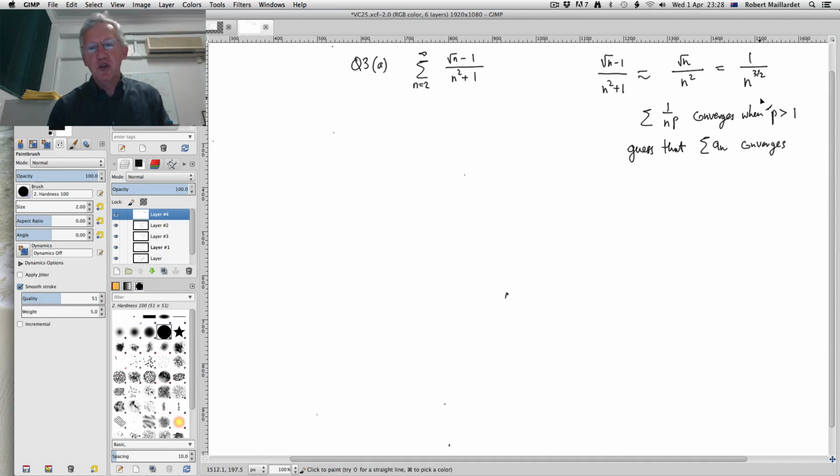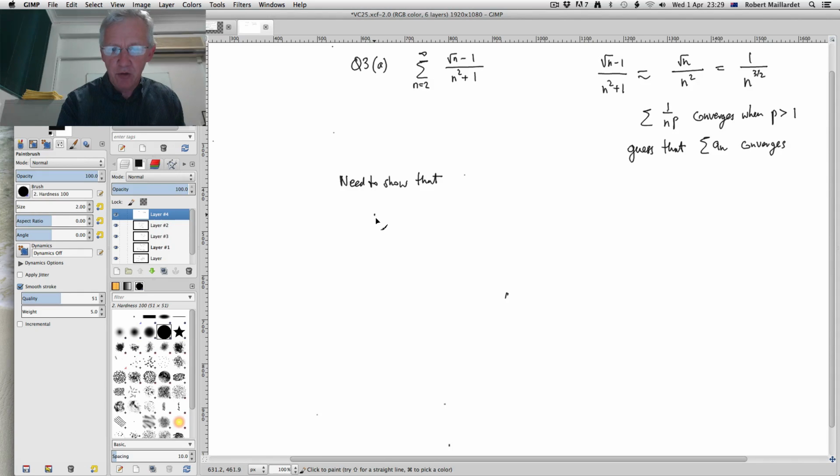So what I've got to do is show that my an terms are smaller than the terms of the convergent series that I'm comparing it with.